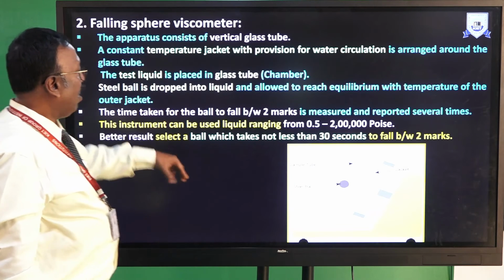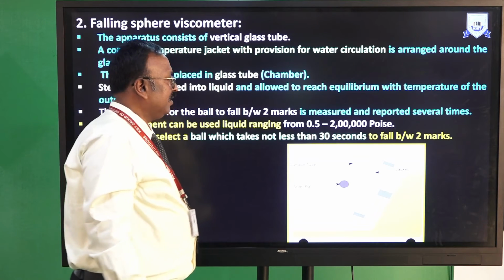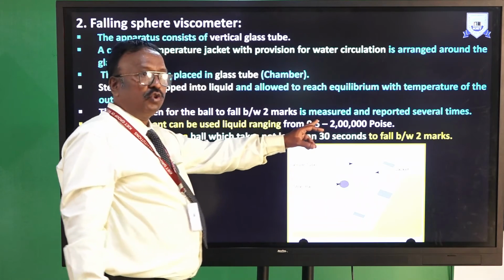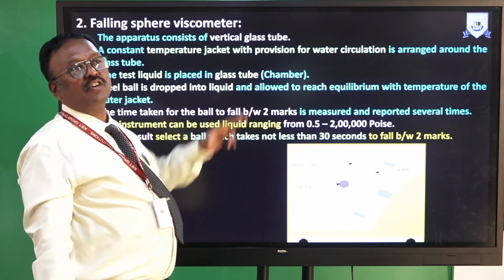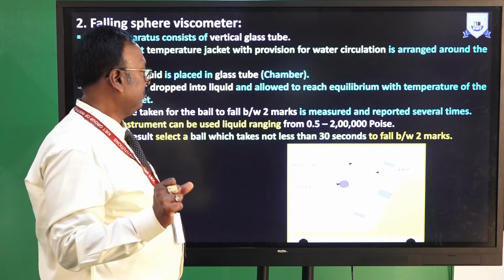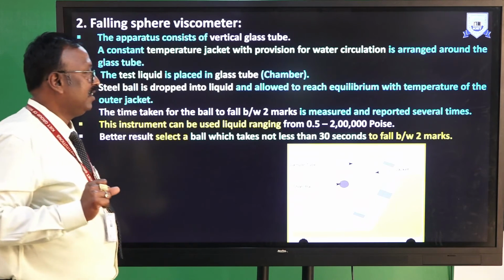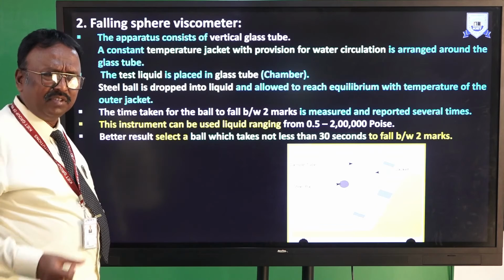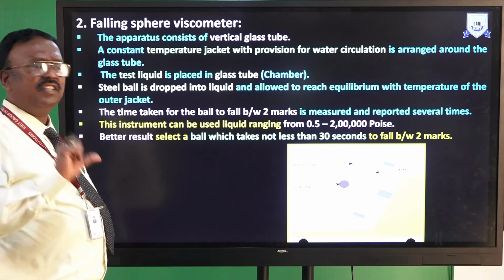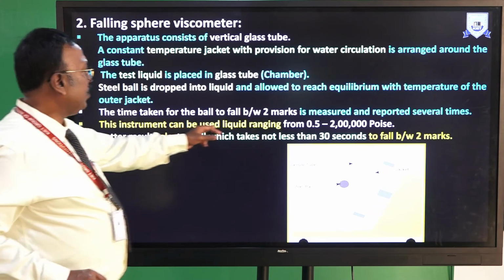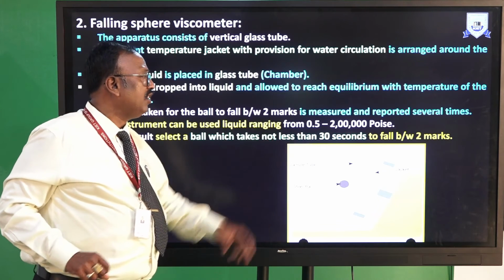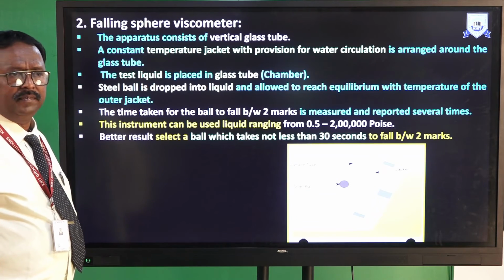The time taken by the ball to fall between the two marks, that I showed in the previous slide, from mark A to mark B, how much time is taken, is noted. That is repeated several times, 4 or 5 times you note down, and you take the average. This instrument can be used for liquids ranging from 0.5 to 2 lakhs poise.